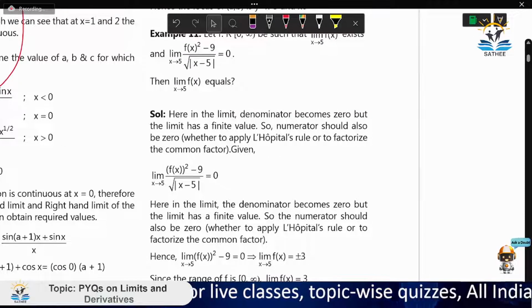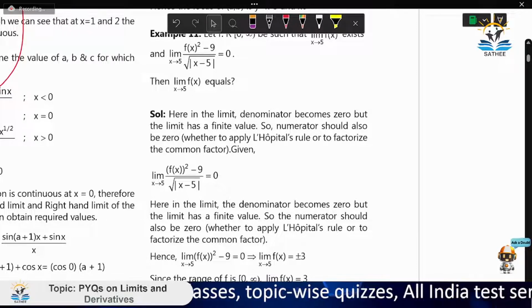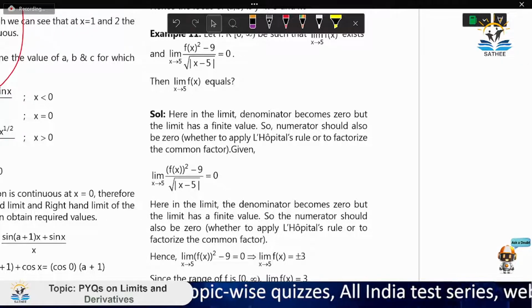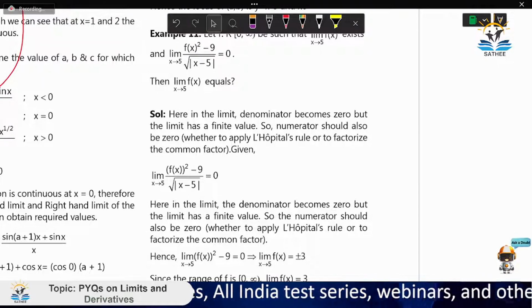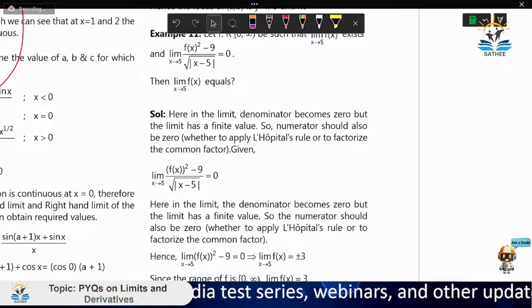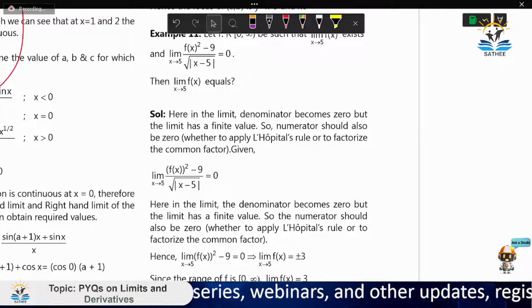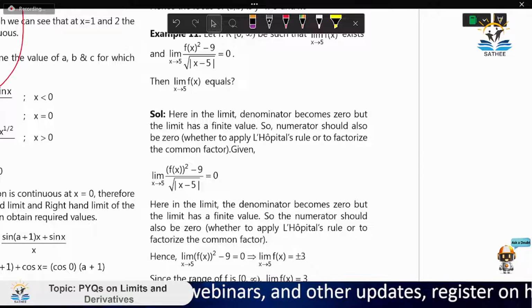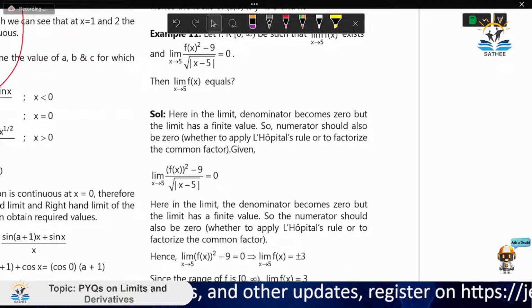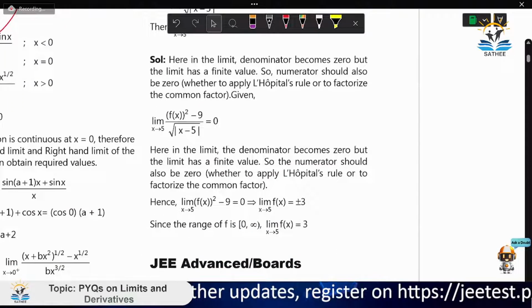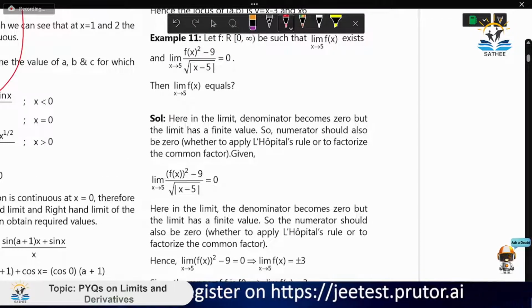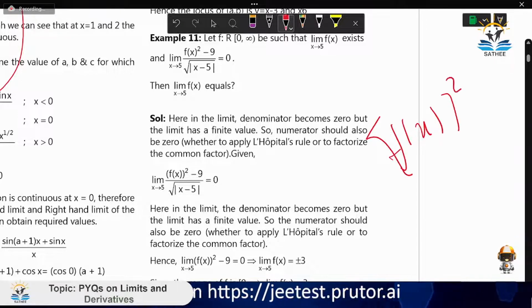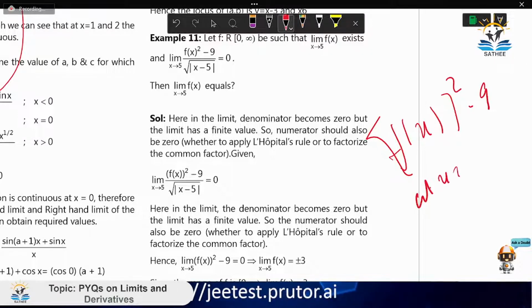So okay, what does the question say? We have already read the question, right? We can see that for the limit to exist, first of all, the denominator and numerator must go to zero. So the first thing that comes to our mind is that if we put x equals 5 in the numerator, I should also get a zero there. So my first condition would be that this whole square minus 9 should go to 0.